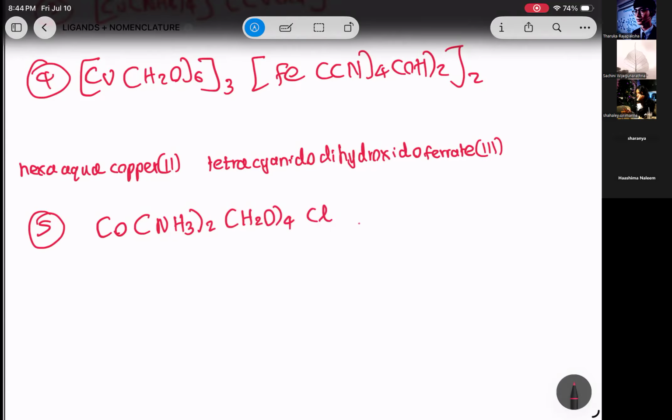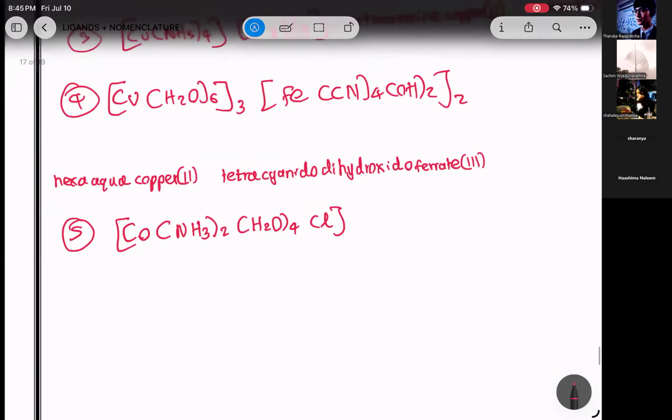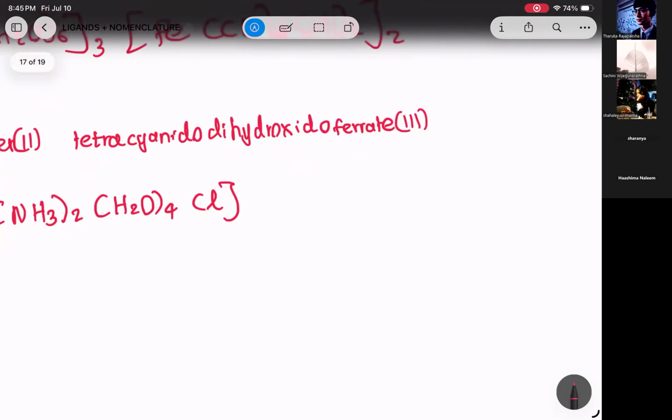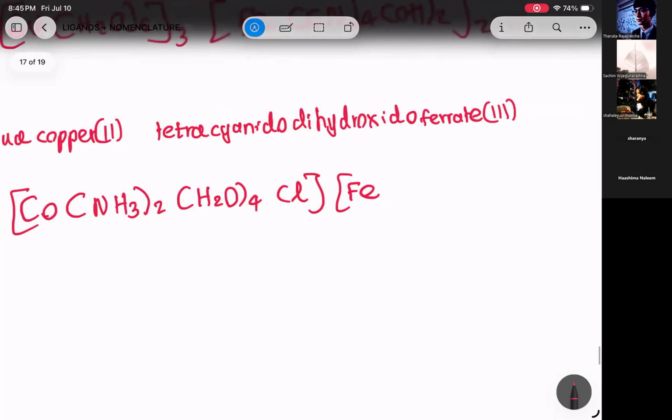Wait, Cl, if I put 2, it's going to be fine, right? No, 1 chlorine. Yeah, so that's going to be +1. That's going to form a compound with this. Fe is coming as 7, so I'll put 3 here.